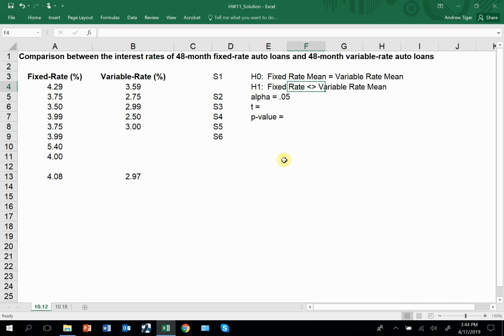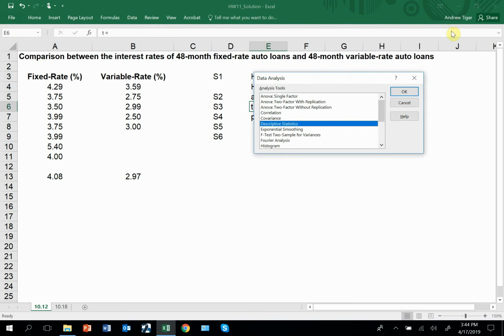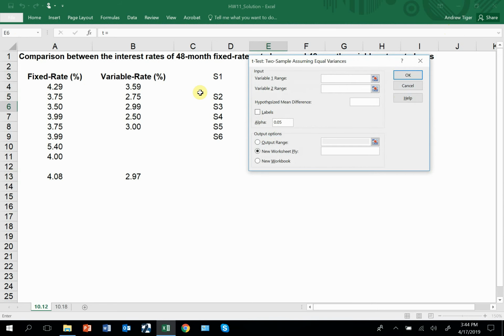That's a two-tailed test. Step 3, we set alpha. Step 3, we calculate our t-stat. How we do that is we go grab data analysis, scroll down to the t-test, equal variances. Variable 1 range: always grab the one that has the largest average.